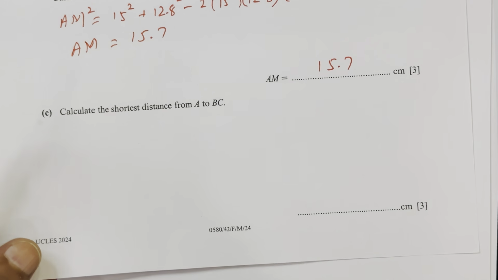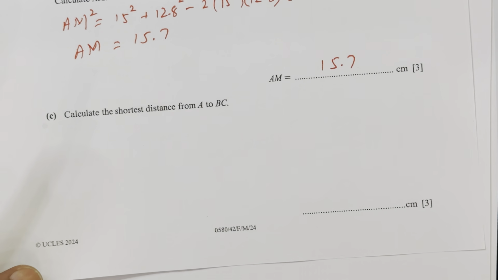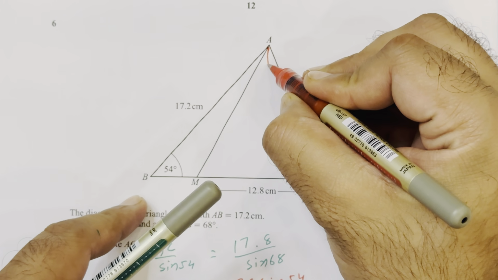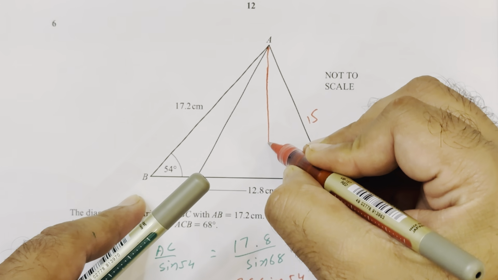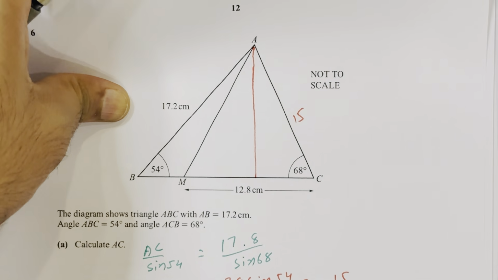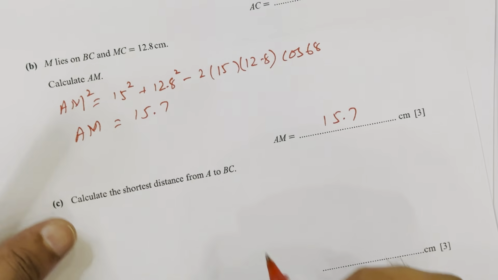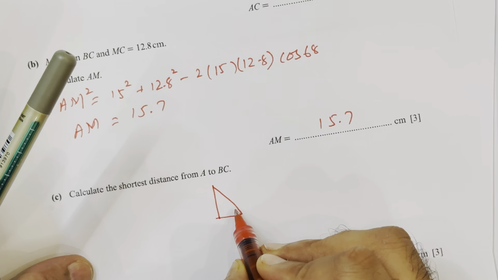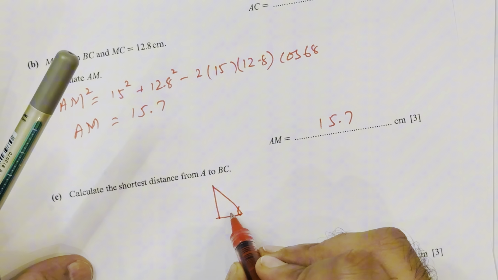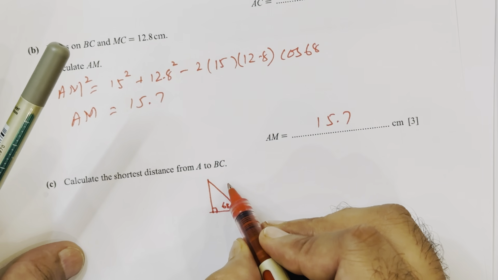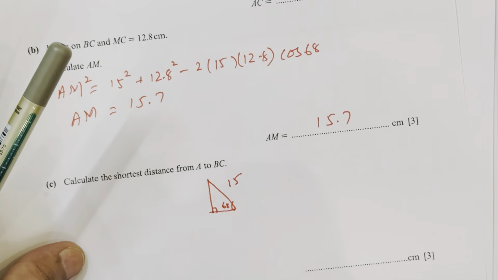Moving to its C part, calculate the shortest distance from A to BC. Always the shortest distance is the perpendicular distance, so we have to draw the perpendicular over here. So we have to find this value. Okay, I would make a right angle triangle over here for your simplification. So it would be 68, and this is a right angle triangle, and we already know that this value is 15.